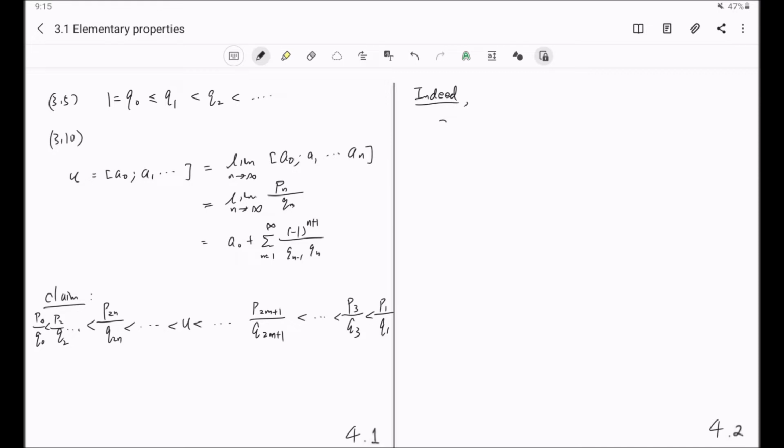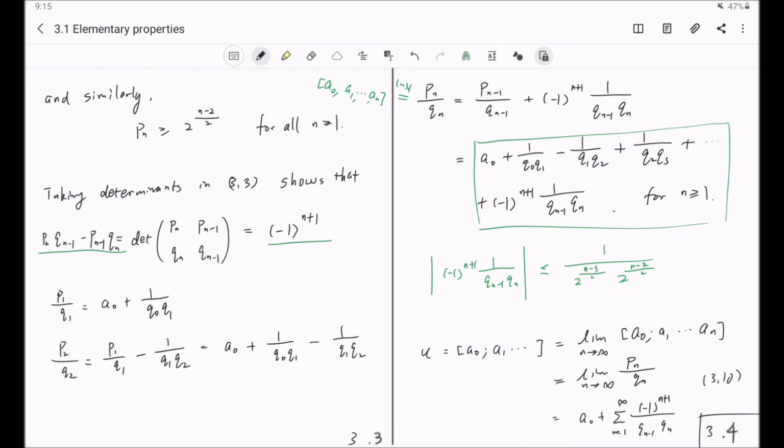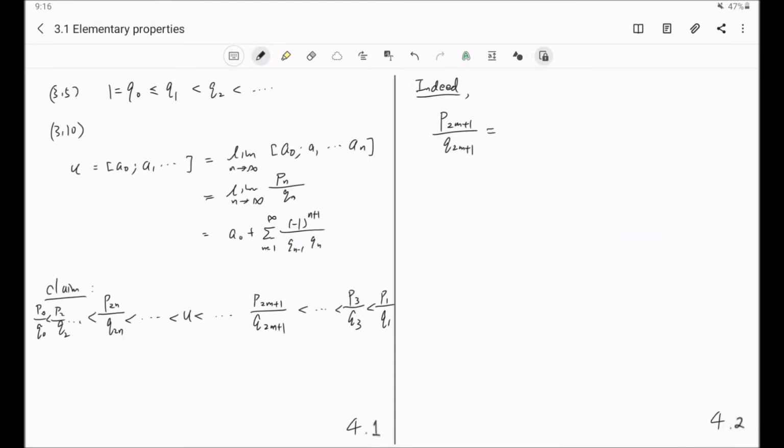Indeed, P sub 2m plus 1 divided by Q sub 2m plus 1, because of our formula here for P sub n over Q sub n, by this telescoping sum, this is equal to P sub 2m minus 1 divided by Q sub 2m minus 1 plus, so be careful at this point, negative 1 raised to the power 2m plus 1 times 1 over Q sub 2m minus 1 times Q sub 2m.